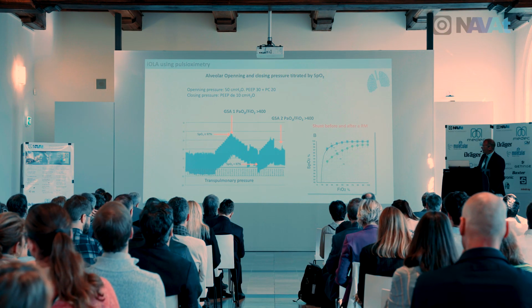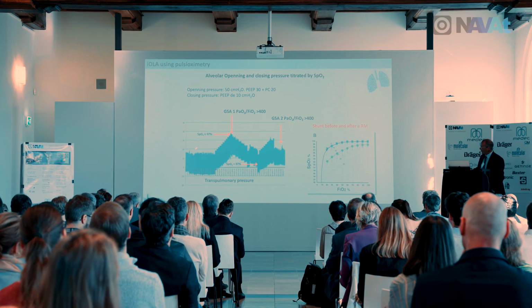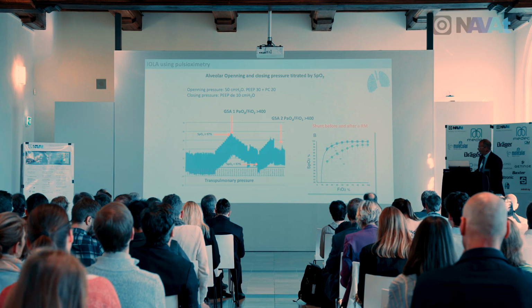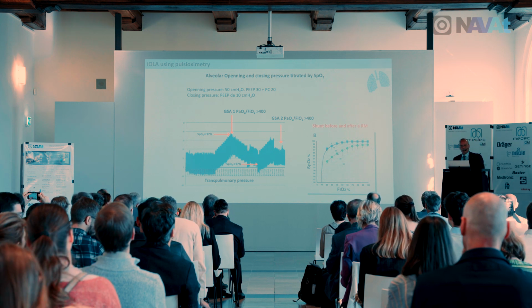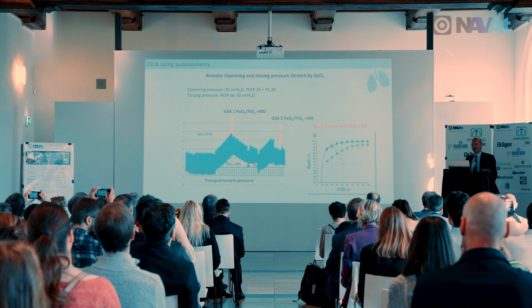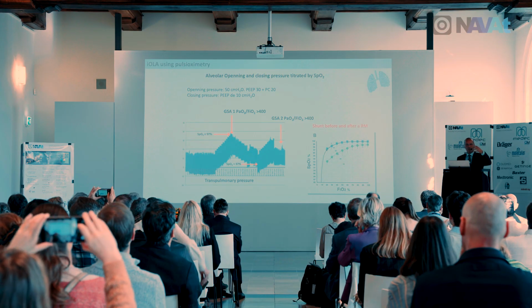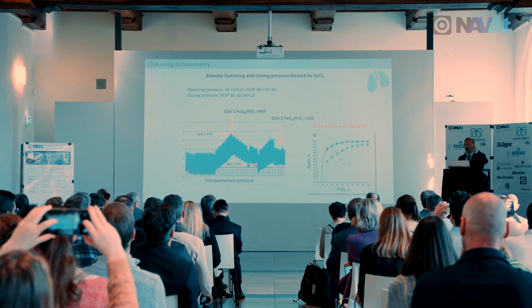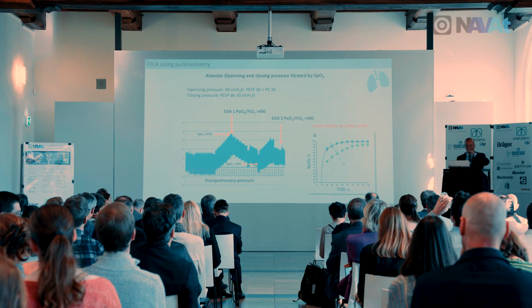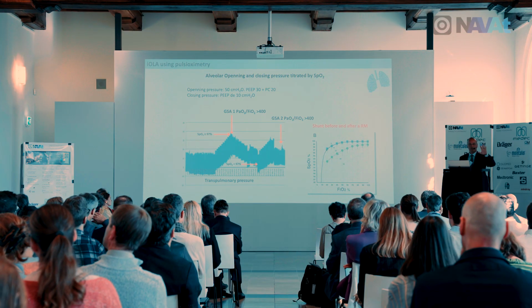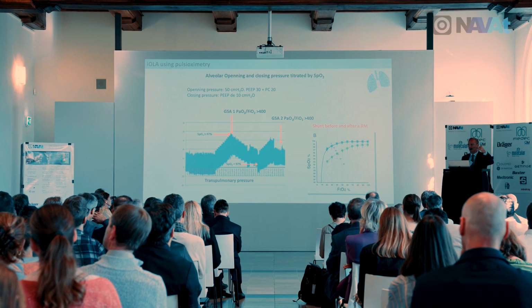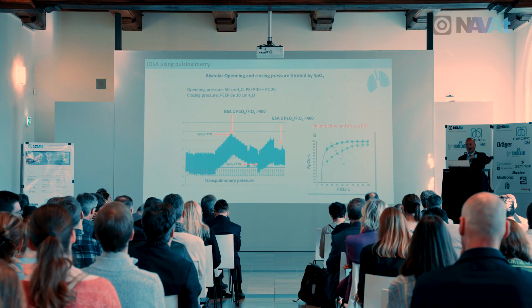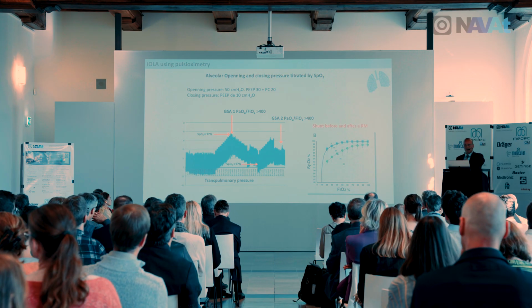And this is a physiological study that we did using transpulmonary pressure, just trying to know if we were able to find the cutting point, this opening pressure, in our patients. And we were not able. Some patients open with 35, others with 38, others with 40, others with 45.